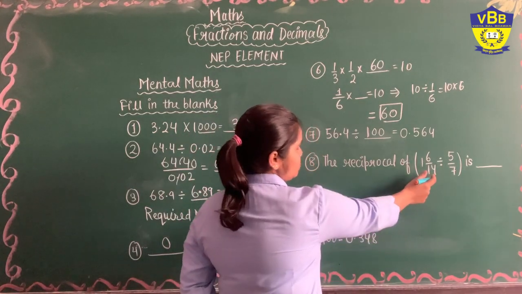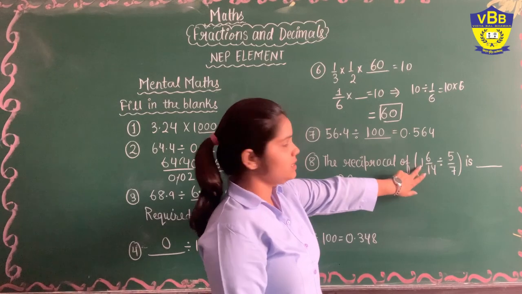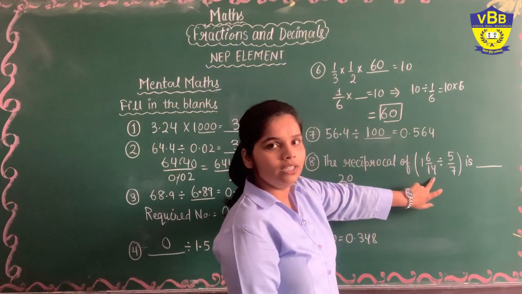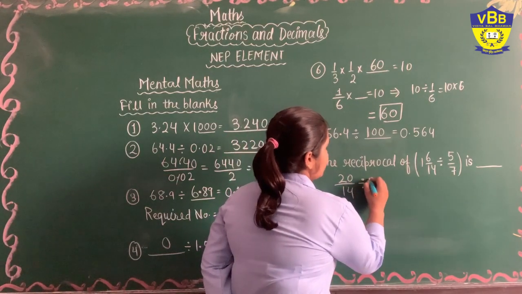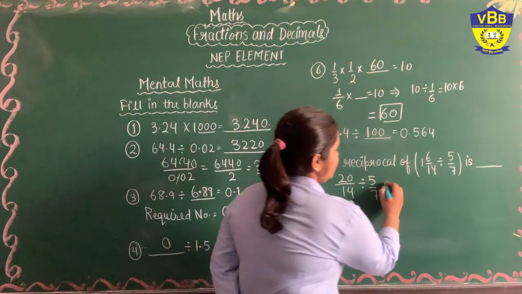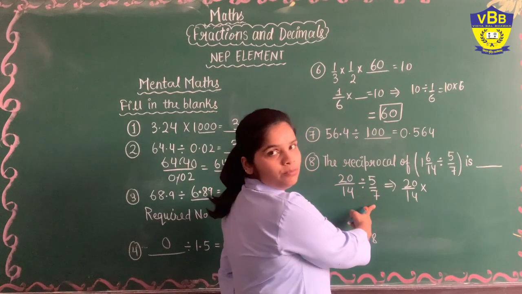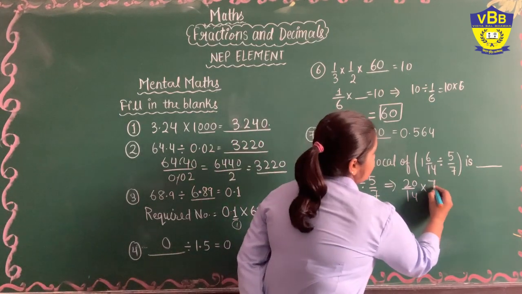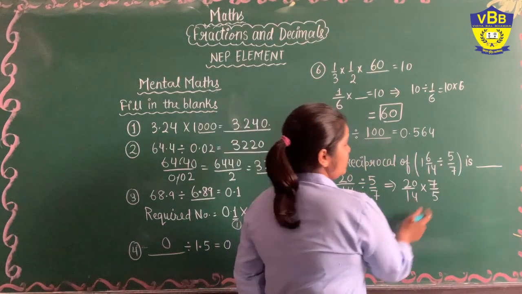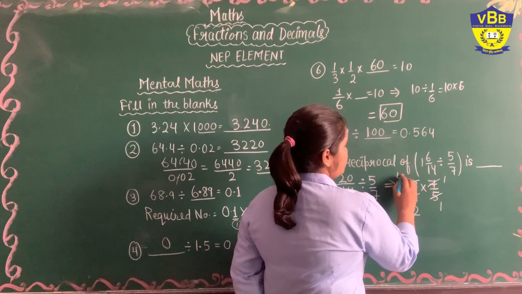So when you change this one, it will become 20 by 14, as 14 ones are 14 plus 6 is 20, 20 divided by 5 upon 7. First fraction will be written as it is, multiplied by the reciprocal of the second fraction. The reciprocal of 5 upon 7 will be 7 upon 5. Simplify here only. 7 ones are 7, 7 twos are 14, 5 ones are 5, 5 fours are 20.